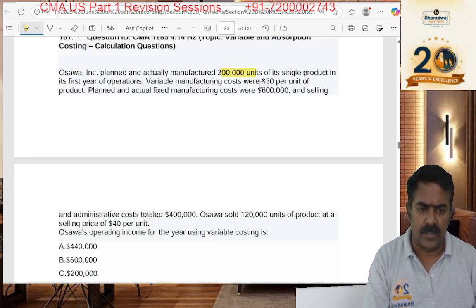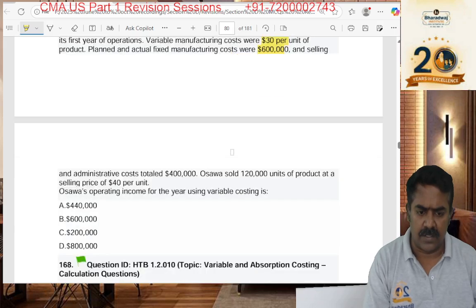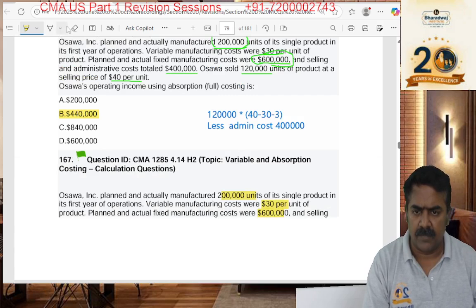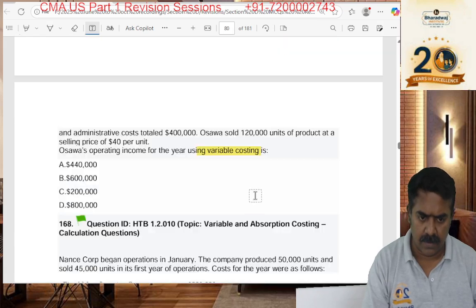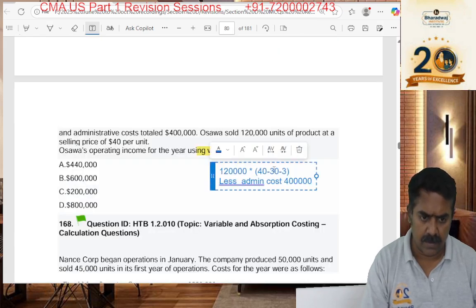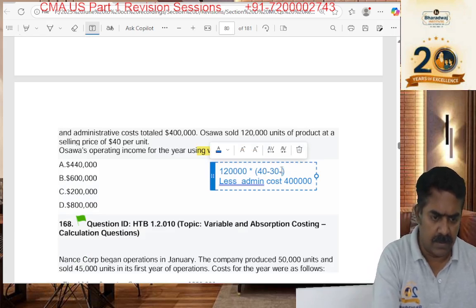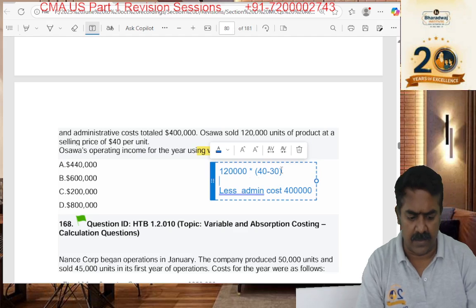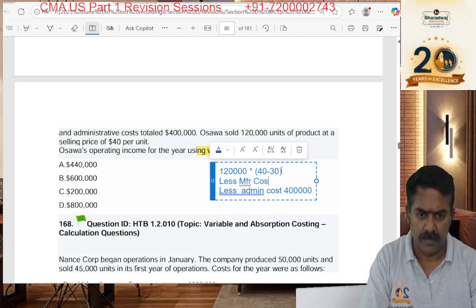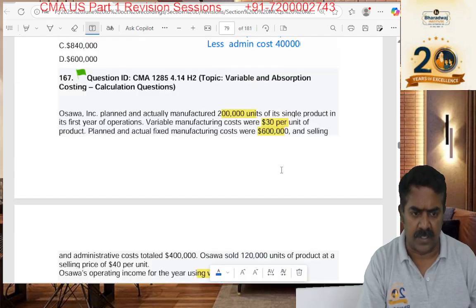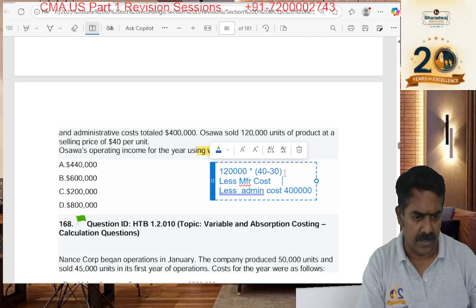2 lakh units, 36 lakhs, same under variable costing. So under variable costing, the same calculations, but the 3 will not be there. Less manufacturing cost also. What is the fixed manufacturing cost? 6 lakhs.